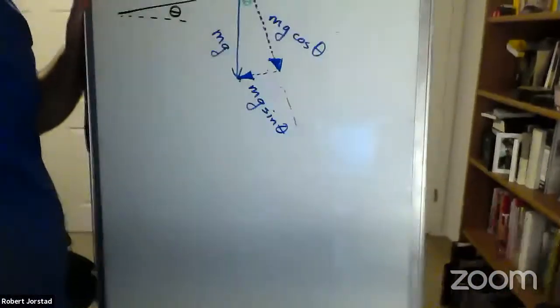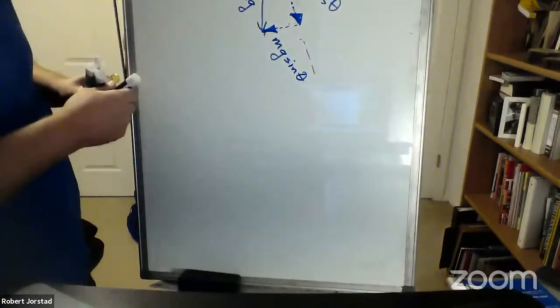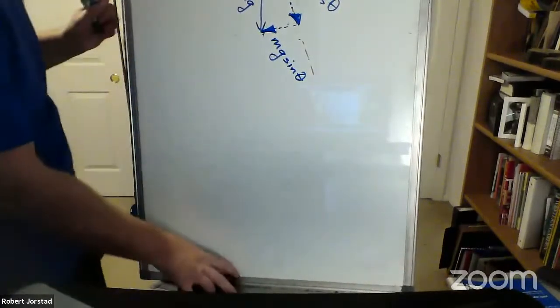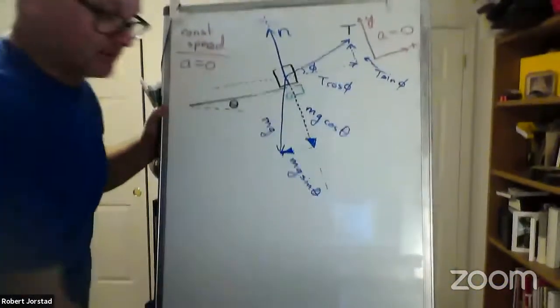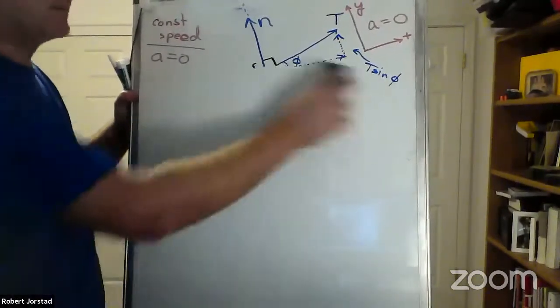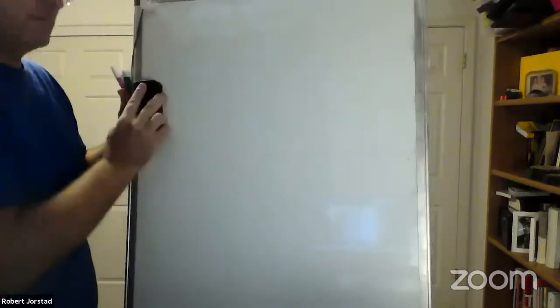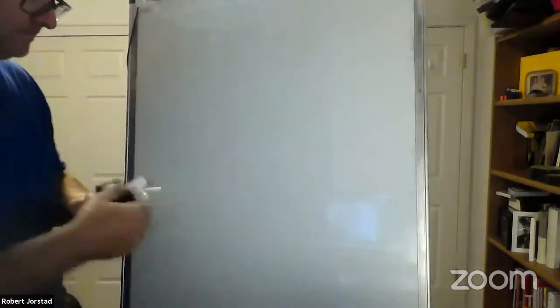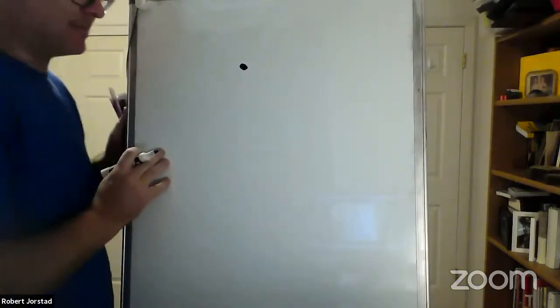So for me, I'm just going to start down here and do it again. Actually, I'll just do it up top because I'm going to need this room to do the work later. So you got your picture on your paper. Take the time to do this one right. It happens so often in physics. You've got to be an expert at this particular drawing. Okay. So I'm going to draw the box as a dot to simplify it.